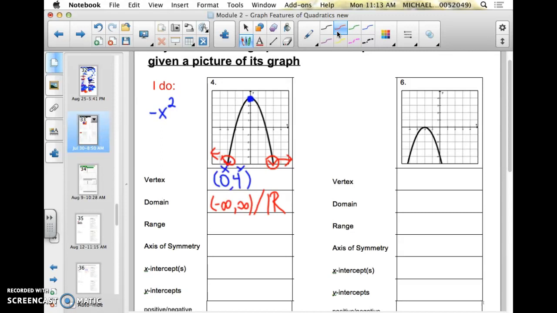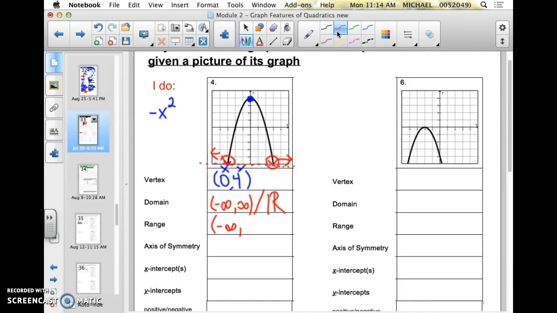Now the range is the y value, so it's the lowest y value, or the floor, to the highest y value, the ceiling. So the lowest y value is again dealing with these endpoints right there. Both endpoints go down forever, which means the lowest y value, or the floor, is negative infinity. Alright?